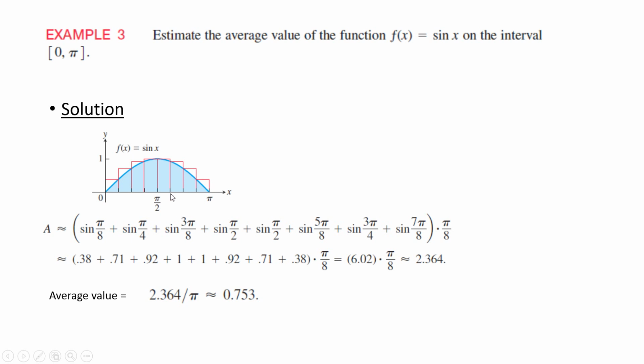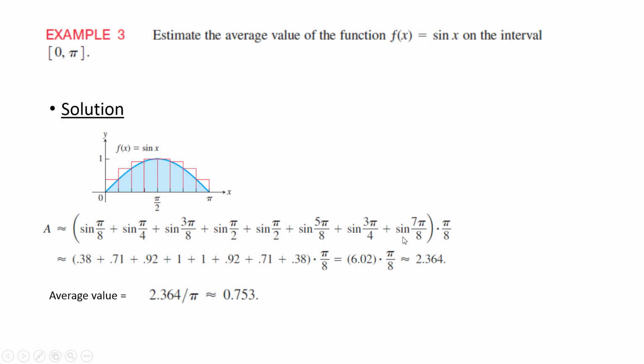Now the next interval is 5π/8 to 6π/8. Now in this portion the function is decreasing, so we'll have the maximum value at left endpoints. So sin(π/2) and then sin(6π/8), that is 3π/4, and then sin(7π/8).